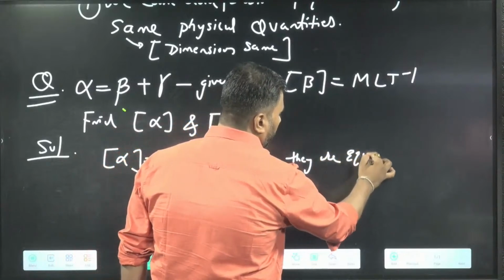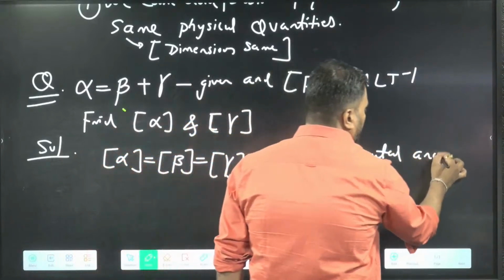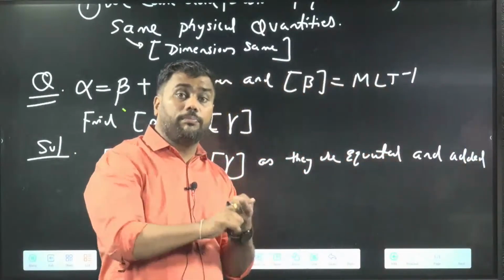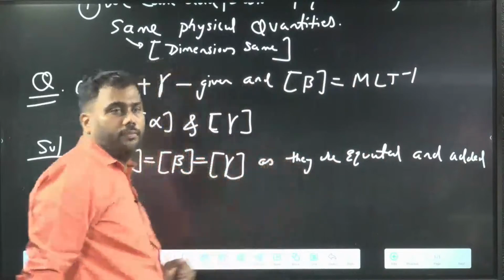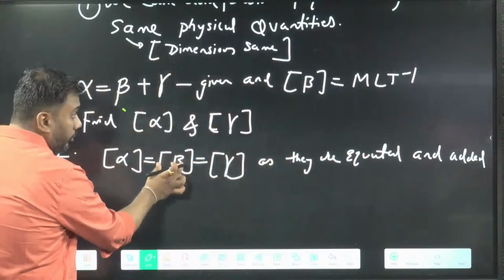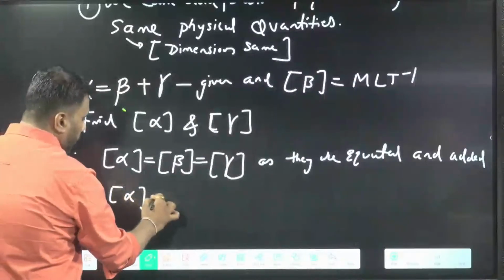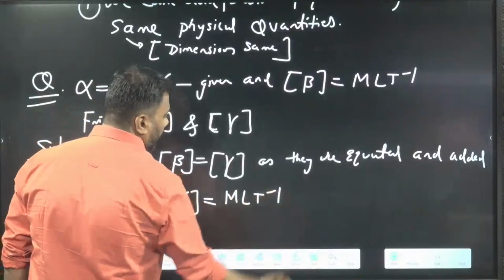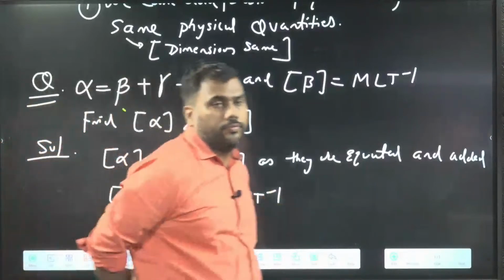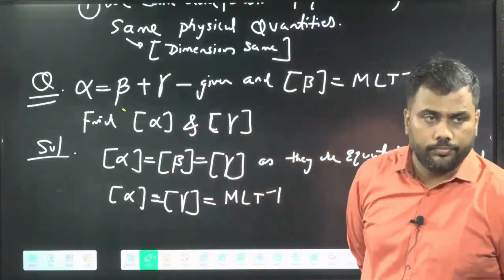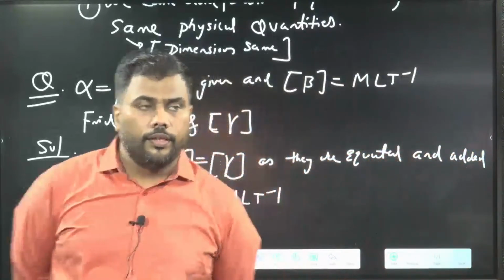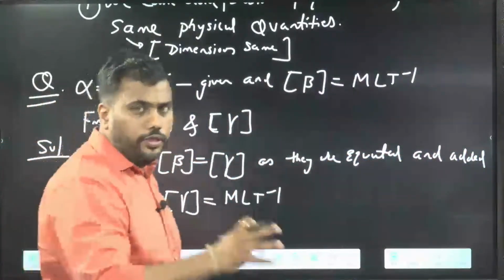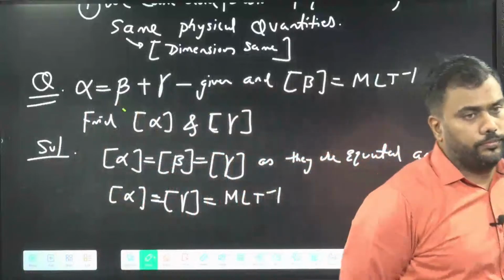I can equate, add, subtract only the physical quantities which have the same dimensions. It means I already know the dimensions of beta, so the dimensions of alpha and of gamma must be equal to MLT minus 1.